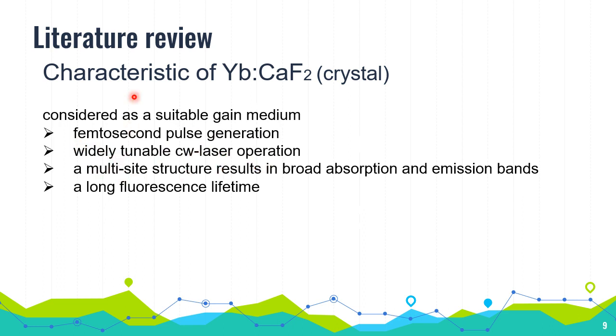The substitution of ytterbium ions for calcium leads to a rich multi-site structure, resulting in broad absorption and emission bands. And ytterbium calcium fluoride has a long fluorescence lifetime, which reduces the number of required pumping diodes in order to accumulate a certain amount of optical energy within the gain medium for a pulsed laser amplifier.